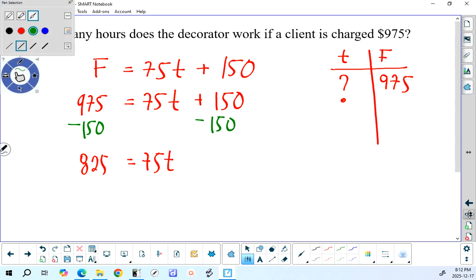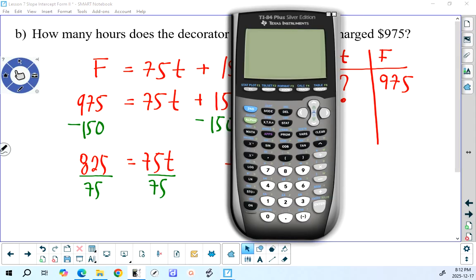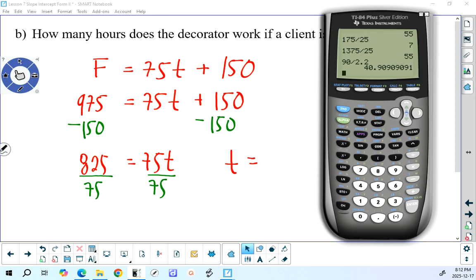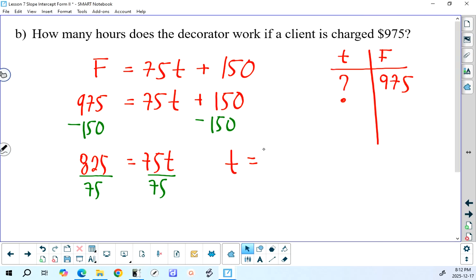Now I divide both sides by 75, and I end up with T is equal to, I want to say 11, but I don't really trust myself right now in my head. 825 divided by 75. Yep, it's 11. So it's 11 hours.